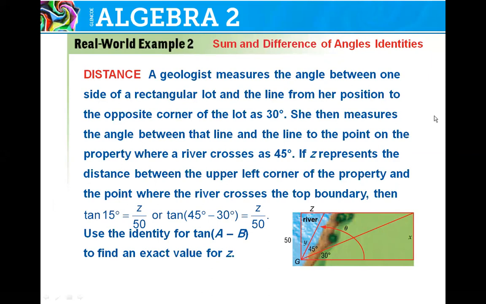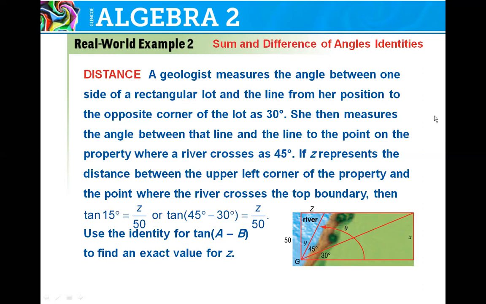A geologist measures the angle between one side of a rectangular lot and the line from her position to the opposite corner of the lot as 30 degrees. She then measures the angle between the line and the line to the point on the property where a river crosses as 45 degrees.